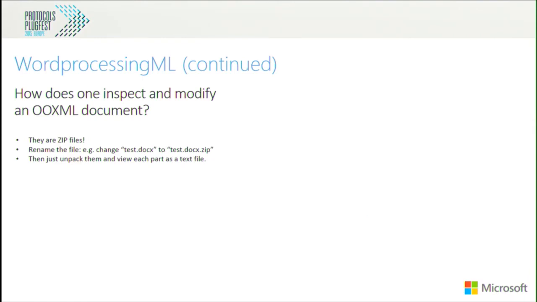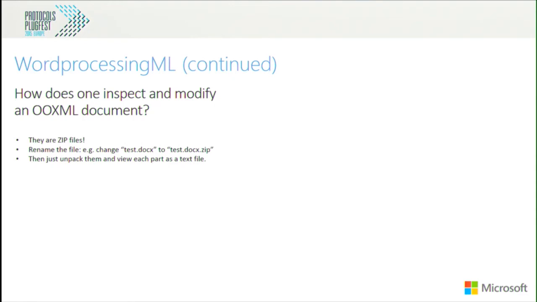Just a little side note here. So how do you actually look at these? Well, it should be somewhat self-explanatory, but I'll state it anyway. They're zip files, so you can just rename the file to zip. So if it's a docx, rename it to zip, and then you can open it in Windows Explorer.